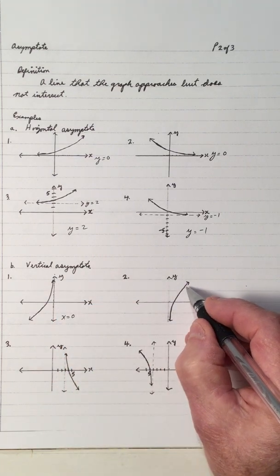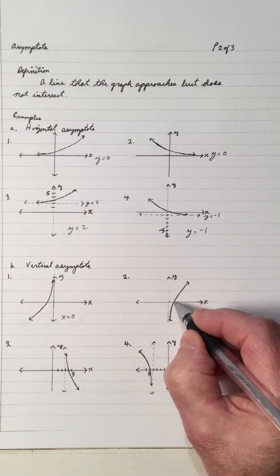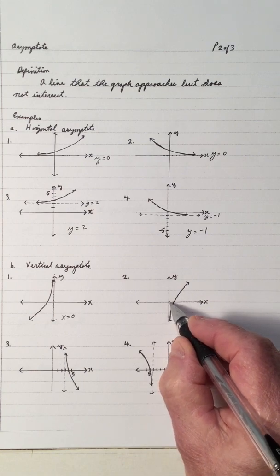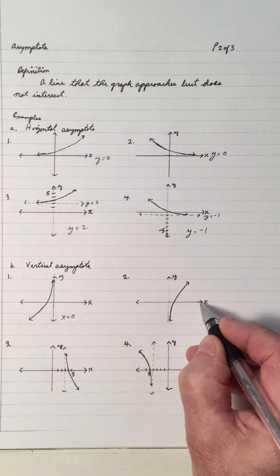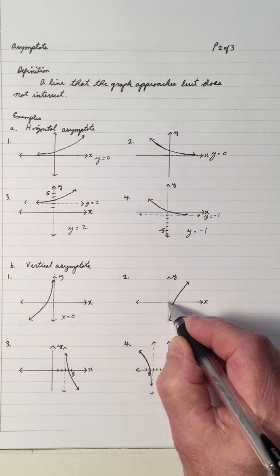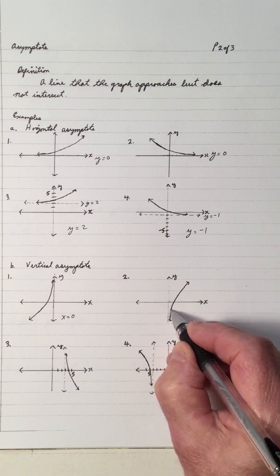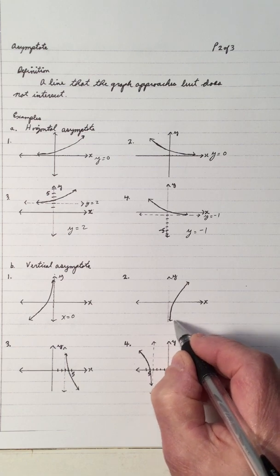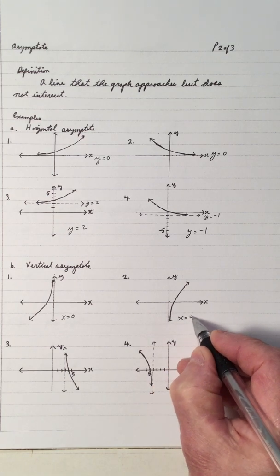And it's the same here, only as it goes down. As x approaches 0, going in here towards 0, that means the graph is approaching negative infinity. So the asymptote is x equals 0.